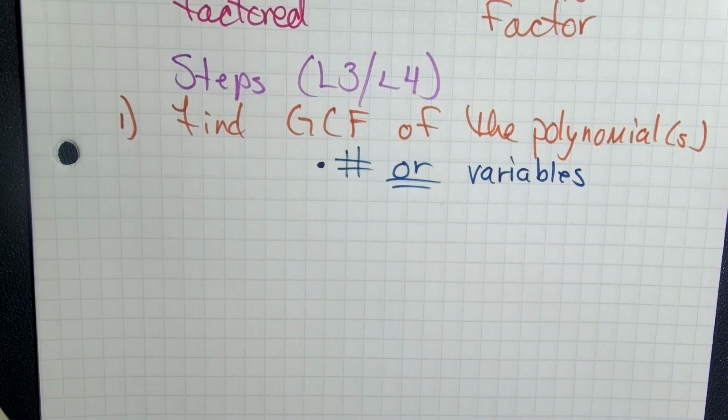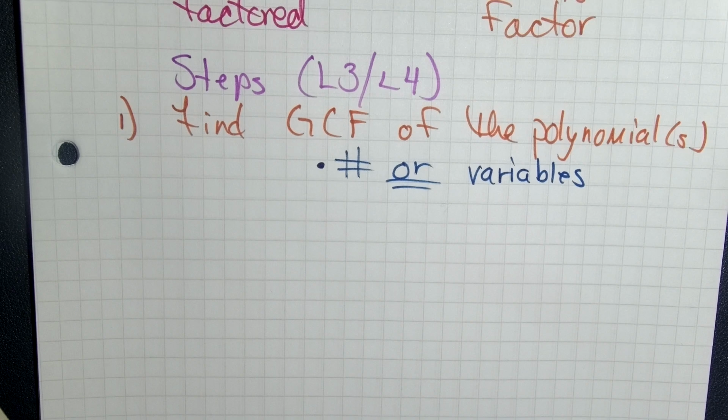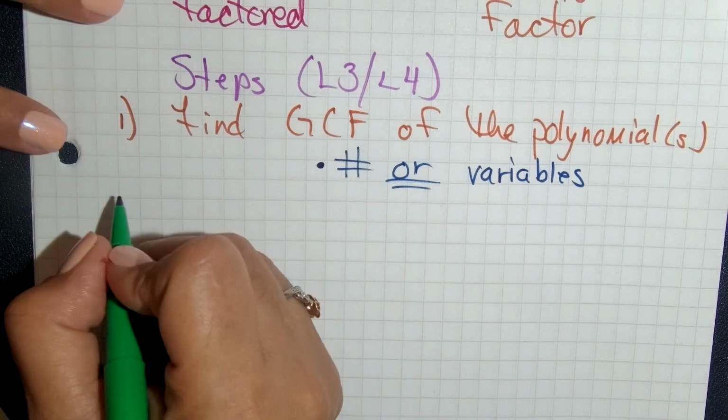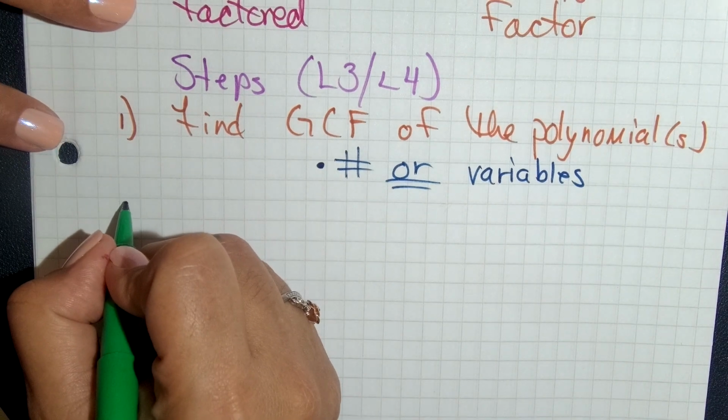It could be numbers or variables, or just one or the other. This is why we factored last week. This was like the third skill that we did, factoring out that greatest common factor with a number and a variable. Am I going too fast? Okay.